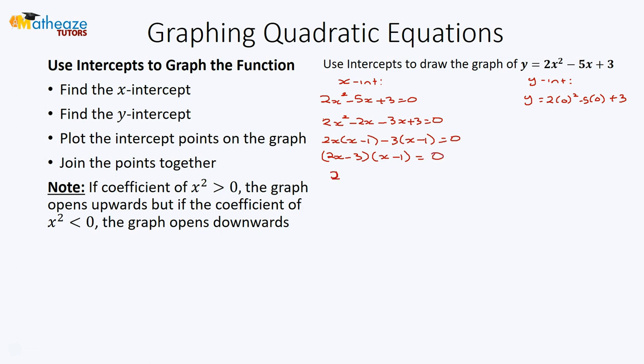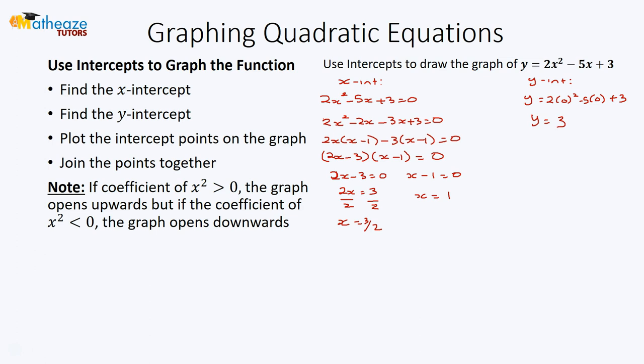So then we have 2x minus 3 equal to 0, x minus 1 equal to 0. 2x equal to 3, so divide by 2, x is 3 over 2, and here x is 1. Now y-intercept, so here y equal to 3.